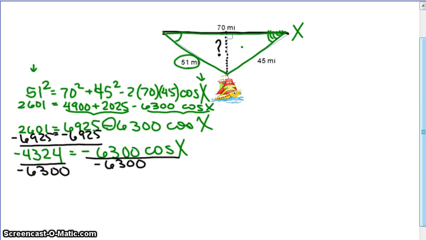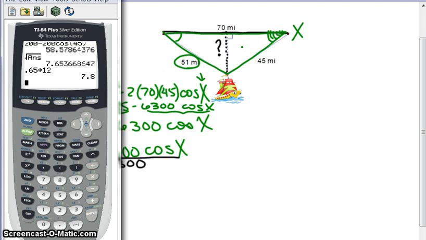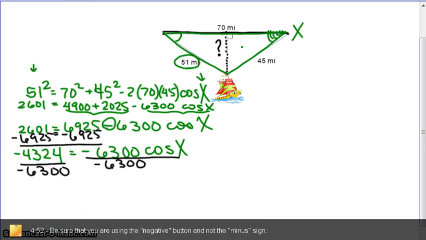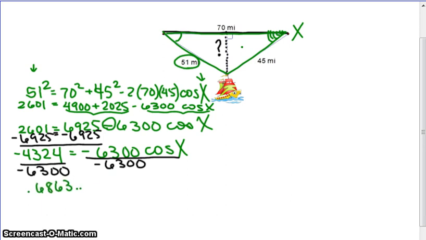So grab your calculator, do a little division. I'm dividing negative 4324 divided by negative 6300, and I end up with this 0.6863 number. So I really have this 0.6863, and it goes on. That's what the cosine of x equals.